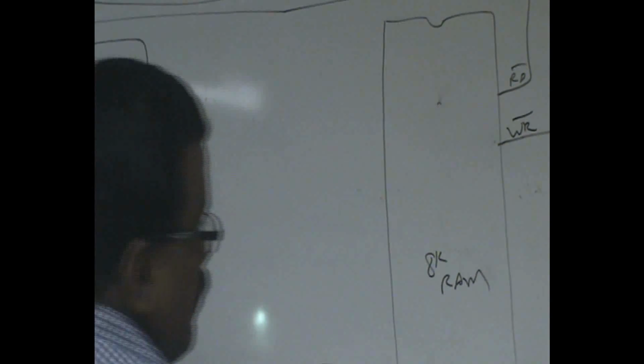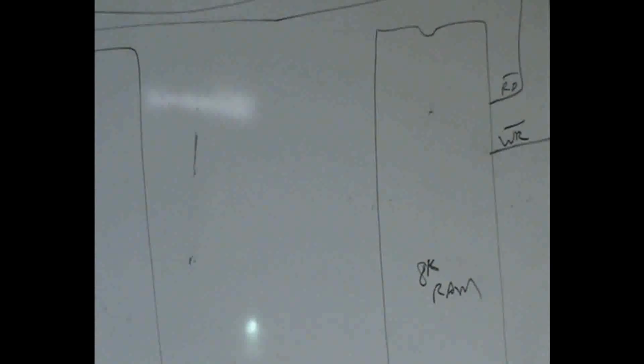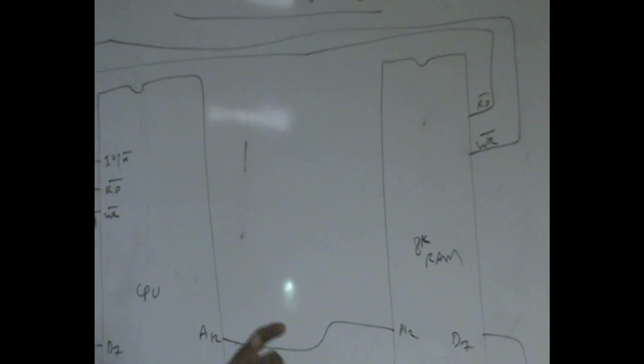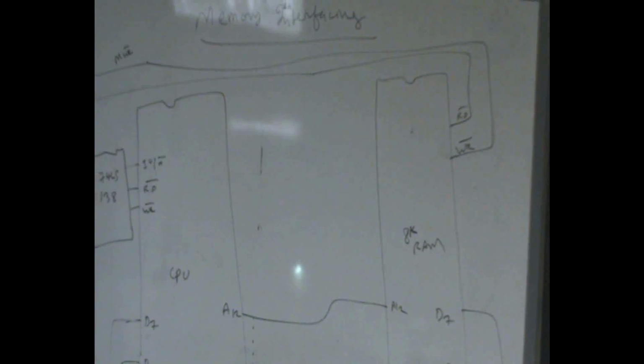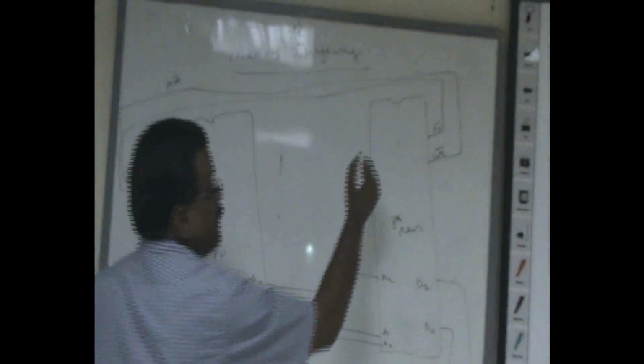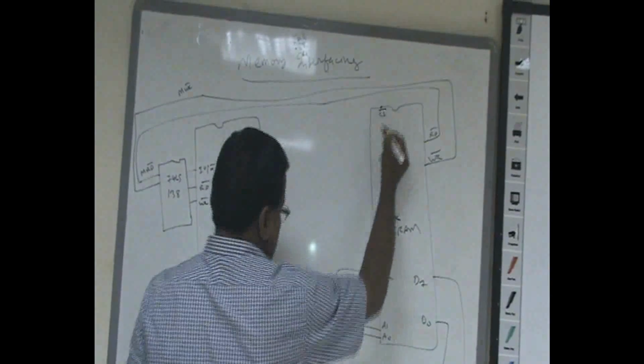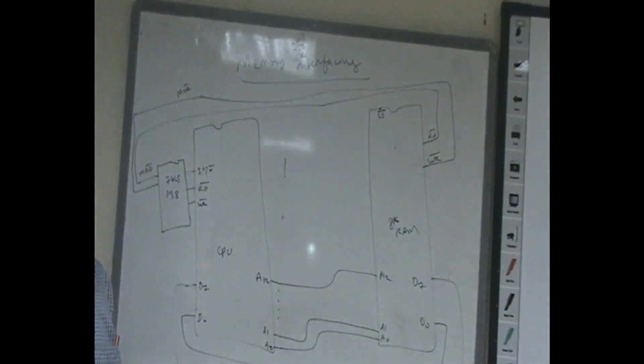Okay. Now every memory IC will have one more signal called chip select signal. Whenever you want to read something from the memory, or whenever you want to write something into the memory, first of all the chip select signal CS bar should be low.